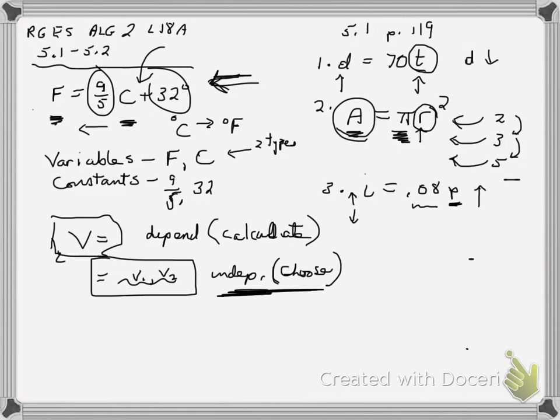And what is the independent variable? Hopefully you see this by now. The one I get to plug in is my principal, or P. The dependent variable, the one I calculate, is my interest, I. And the constant is any number, in this case 0.08.